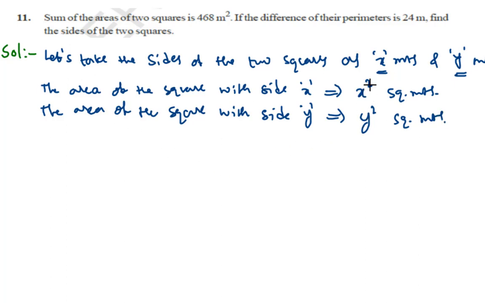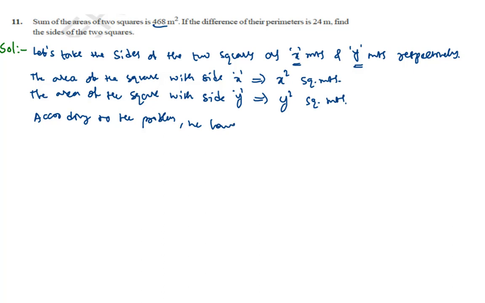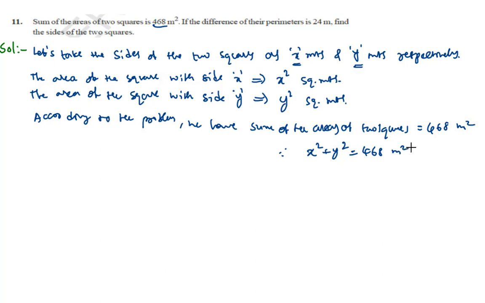Now the sum of these two areas is given as 468. So we can write x square plus y square equals to 468 meter square, and assume this one as equation 1.